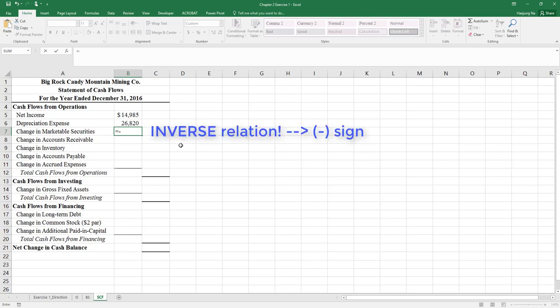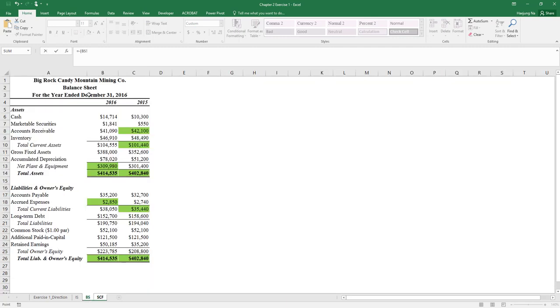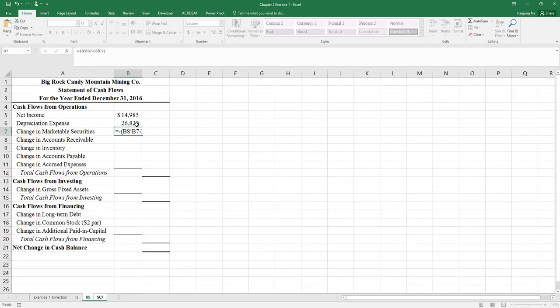So it's an inverse relationship. Put a minus sign in front and open a parenthesis, go to the balance sheet and you see marketable securities. Change in marketable securities means ending value minus beginning value. Close the parenthesis, say okay.